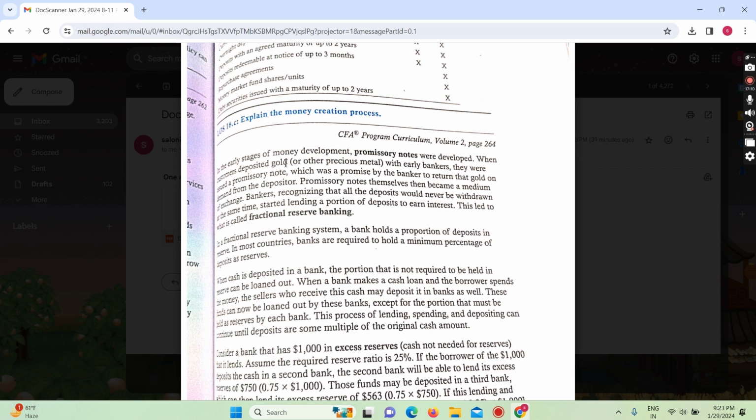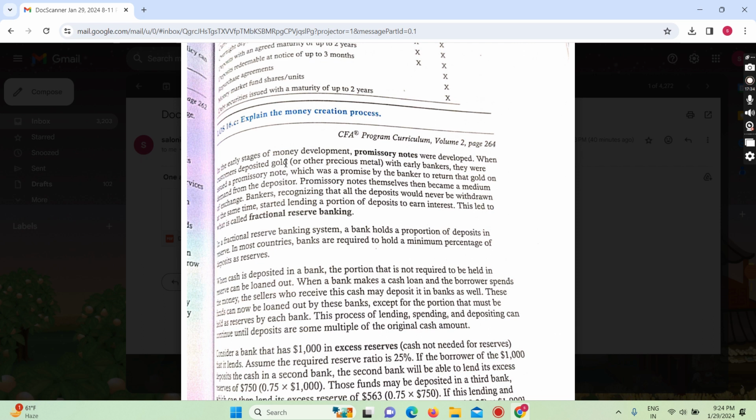Whenever they deposited the gold or other precious metal with the early bankers, a promissory note was issued to them, which was a promise by the banker to return that gold on demand from the depositor. Whenever the depositor demanded it, the bank would return the precious metal.